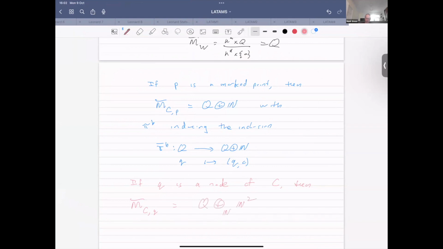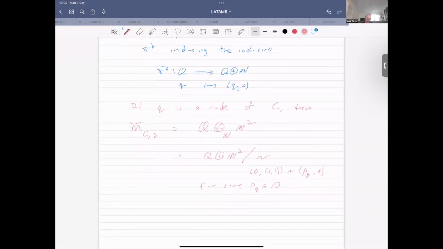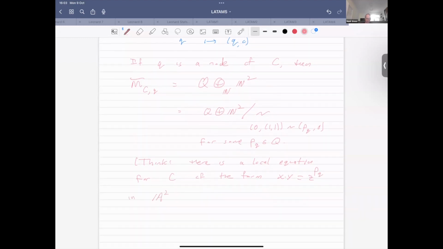It's Q plus N squared modulo an identification, where this identification takes something of the form (0, 1, 1) and identifies it with rho Q, 0 for some rho Q in Q. And you can think of this as a combinatorial version of the formula: there's a local equation for C of the form x times y equals z to the rho Q in A2 with coordinates x and y cross spec K bracket Q.